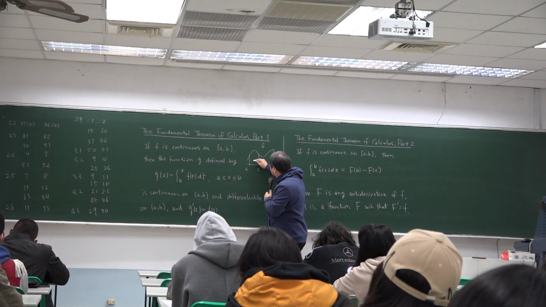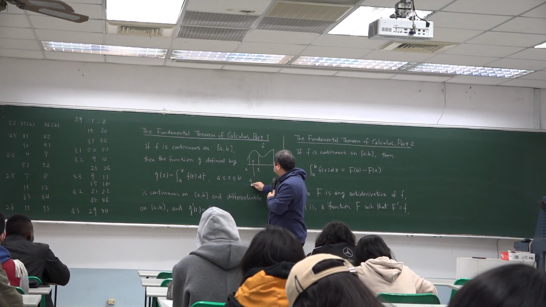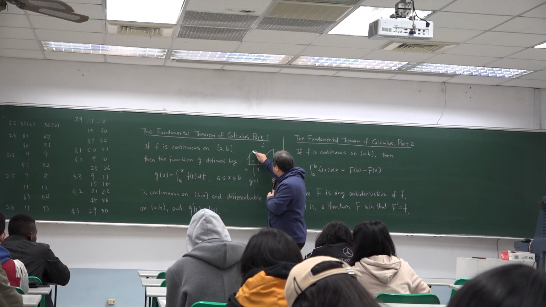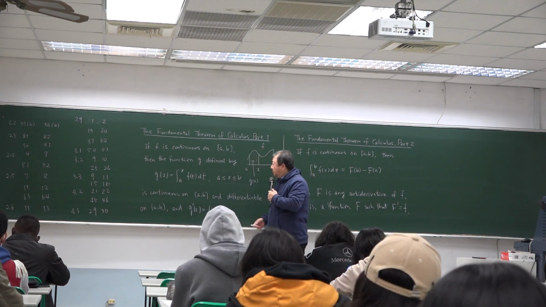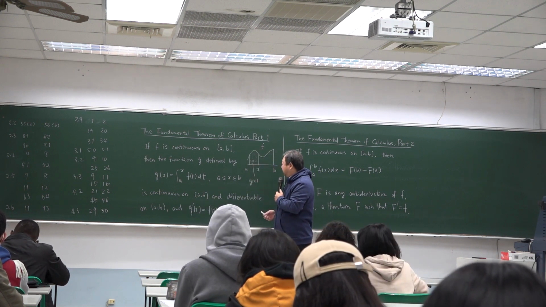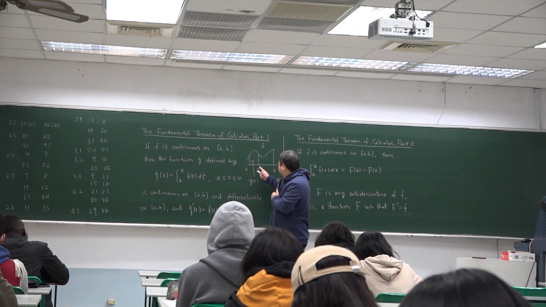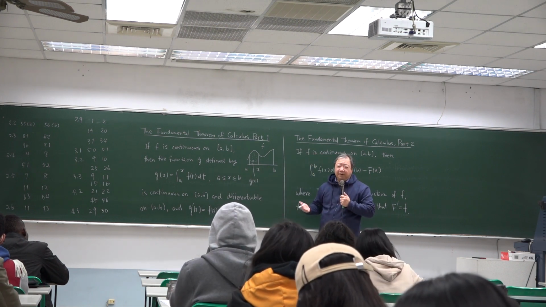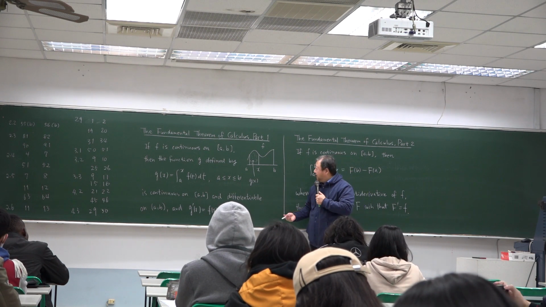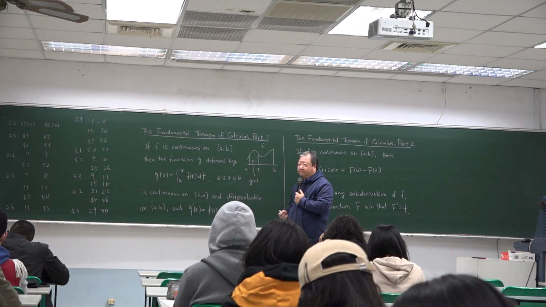So g of x stands for, if f is positive, the area of this region. What is g prime? g prime means the rate of change of this area with respect to x.